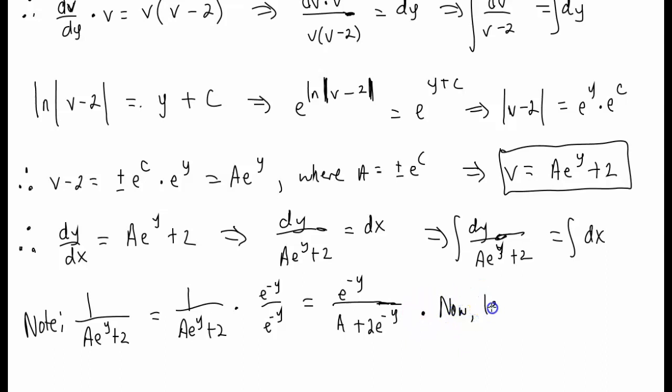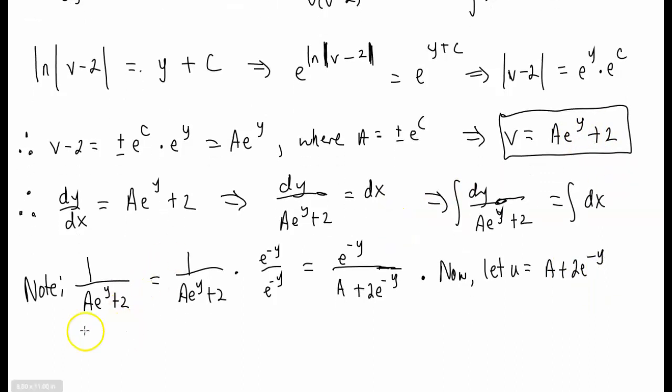So now we're going to let u equal what the denominator is here. And if we do that, then we're going to see that the derivative of u with respect to y is going to be, the derivative of any constant is 0, so it's going to be 0 plus 2 times the derivative of e raised to the minus y with respect to y.